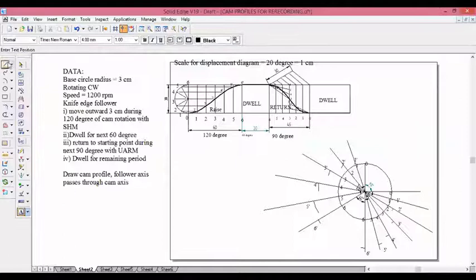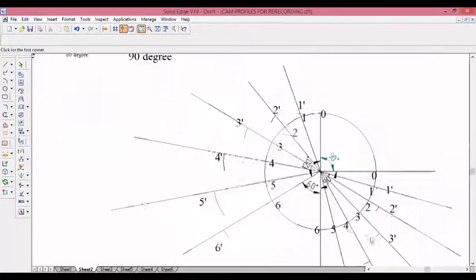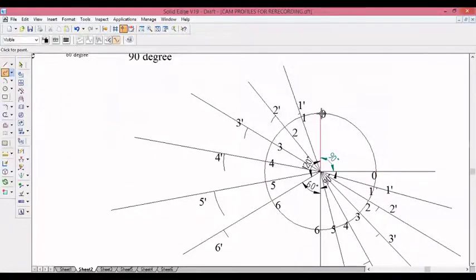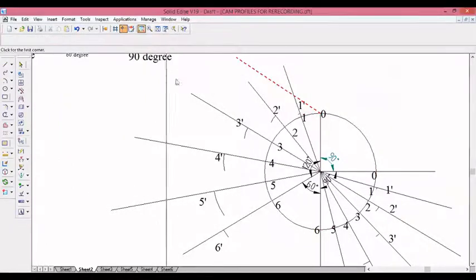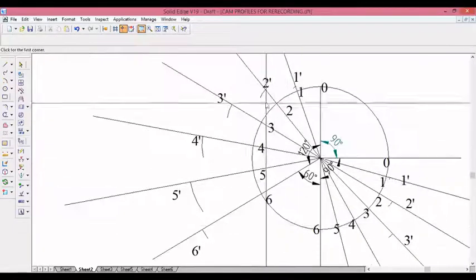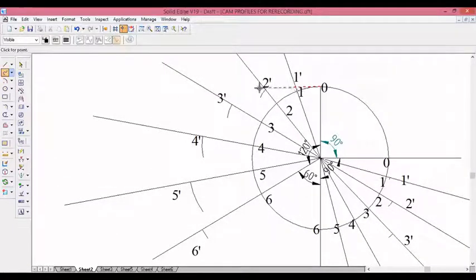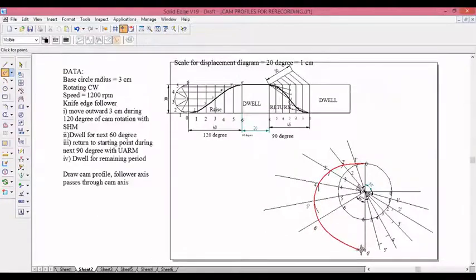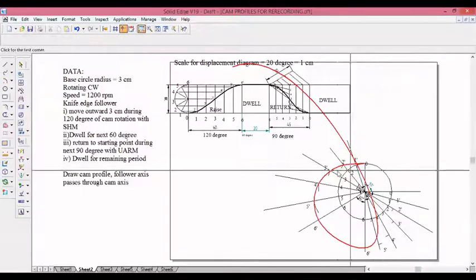Need to take a curve and join this rise curve from 0 to 1 dash, then 2 dash, then 3 dash, 4 dash, 5 dash, 6 dash, give it return stroke also. You need to join smoothly.